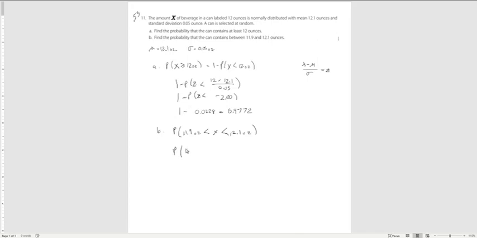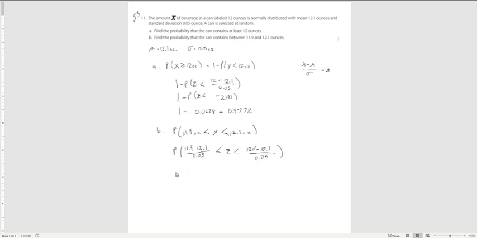And I do that again by taking the value of x, which here says 11.9. I'm going to subtract off the mean again, which is 12.1, and then divide that by the standard deviation. It's going to be less than z, and 12.1 minus 12.1 over 0.05.